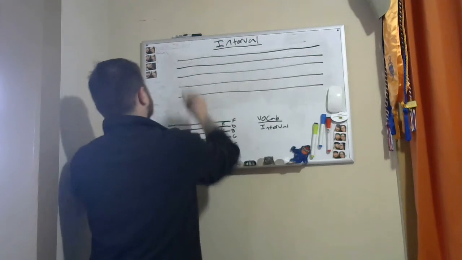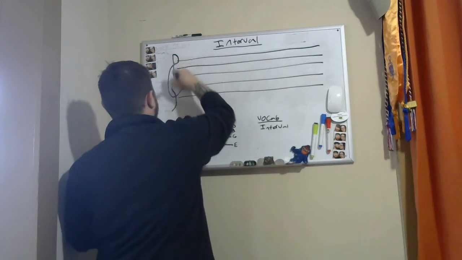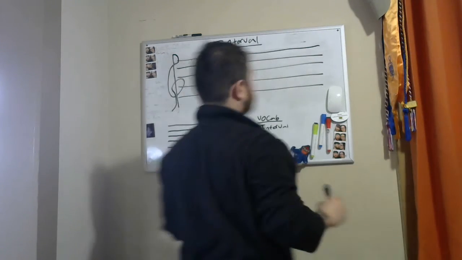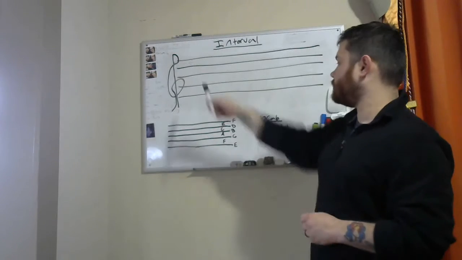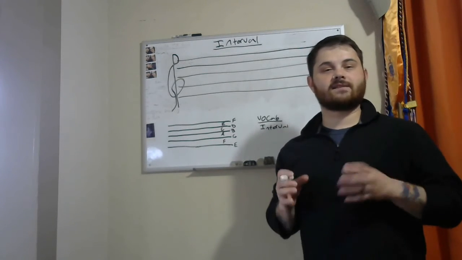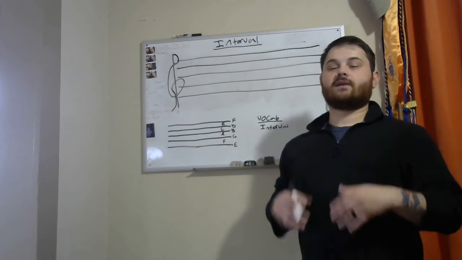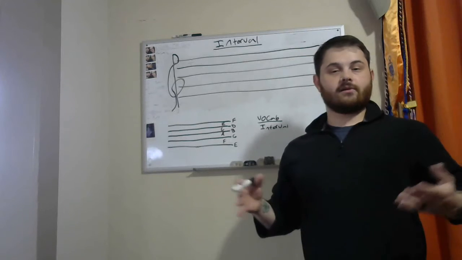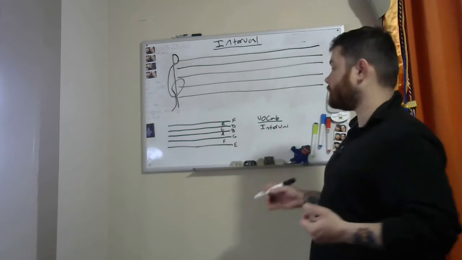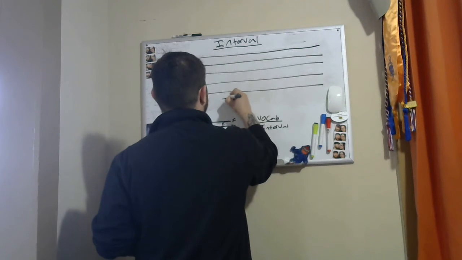Let's draw our treble clef. The swirly part always goes around G for a reference if you need it. Our treble clef. And we're going to start by writing the first part of our C chromatic scale. The reason why we're starting on the note C is because it's easier to understand the concept. So let's talk about C, which is the first ledger line below the first line.